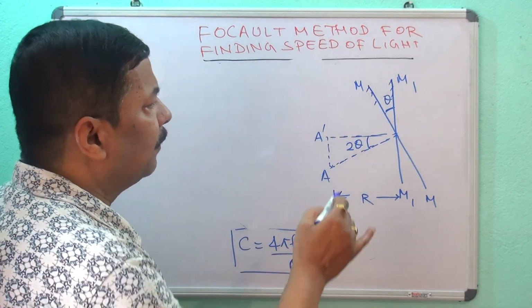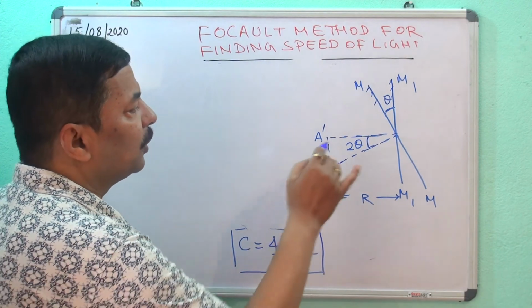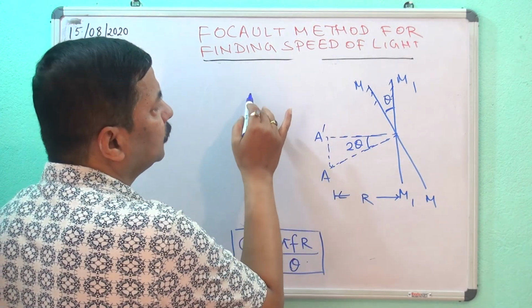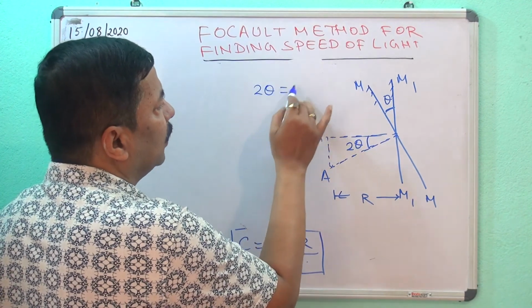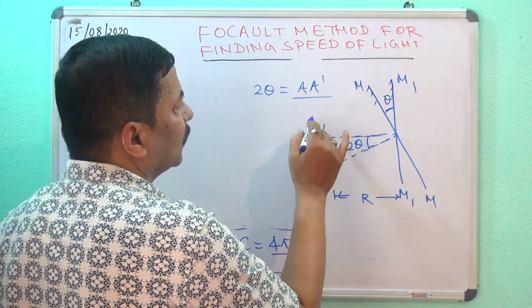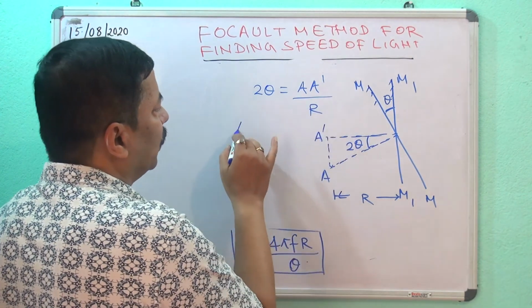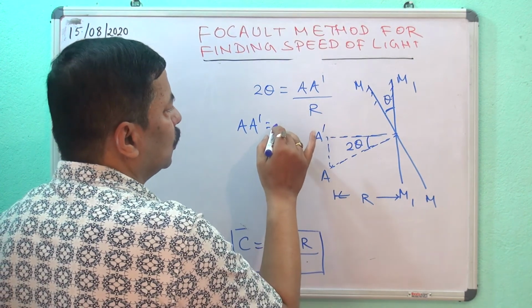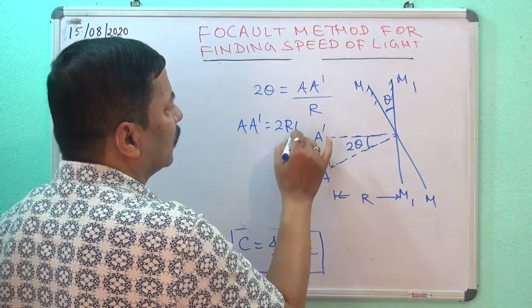So we can say theta is equal to arc length by radius, and this distance is R. So 2 theta is equal to a dash by R. So a dash is equal to 2R theta.